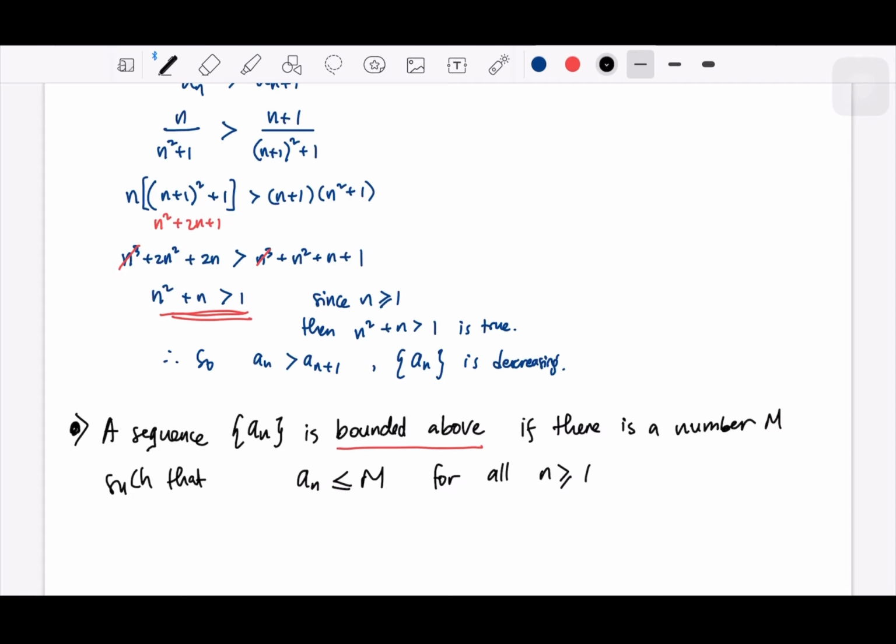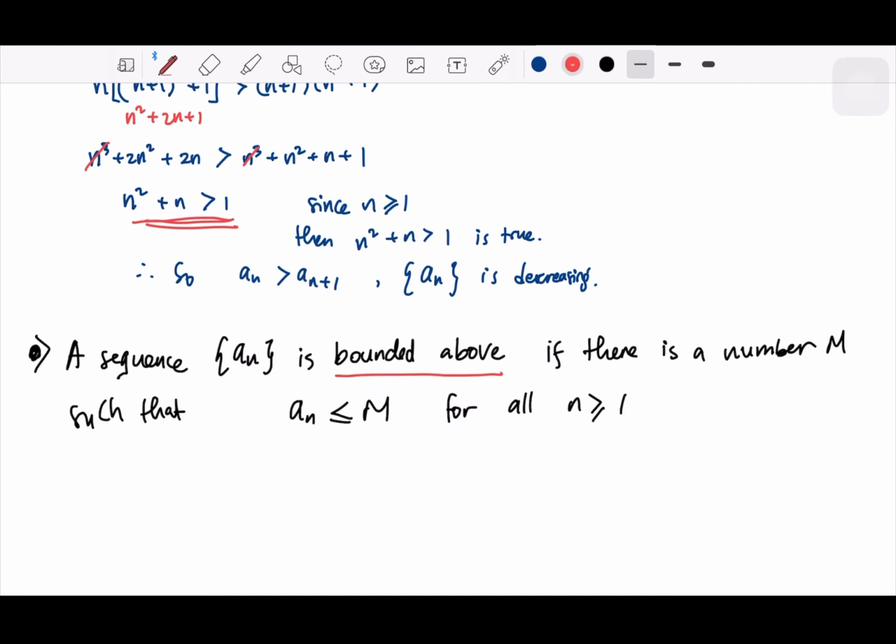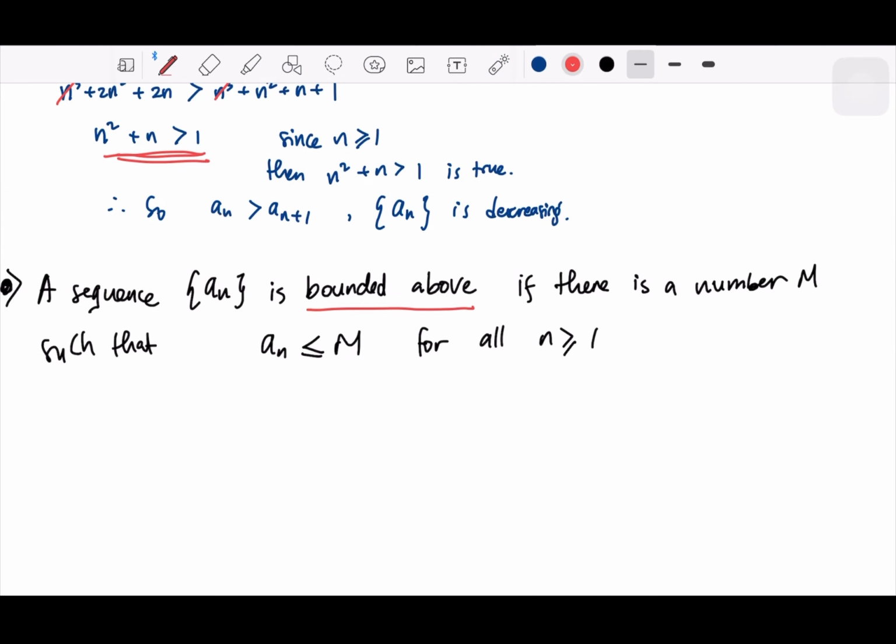Or it's getting closer to that m, right? And of course, if you imagine this in terms of visuals, it is maybe going to be like this, and maybe there is some value here that is the m, right? Okay. We can think like this in visual. I think it's better if we use the visuals to imagine.